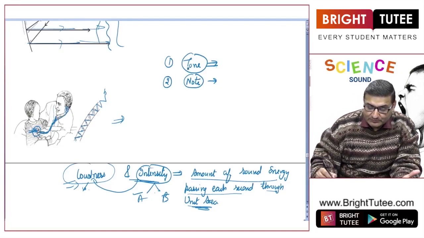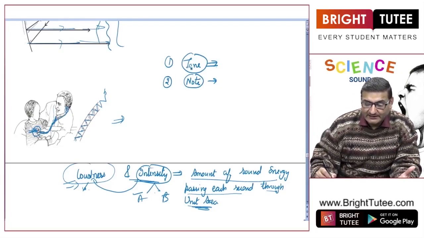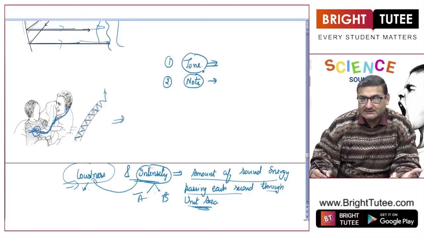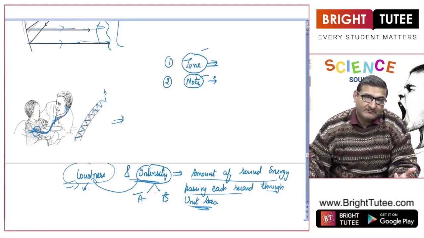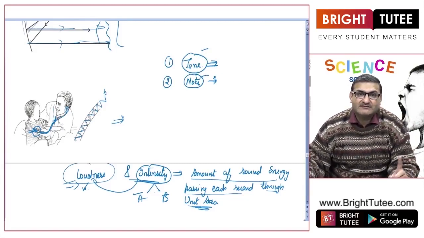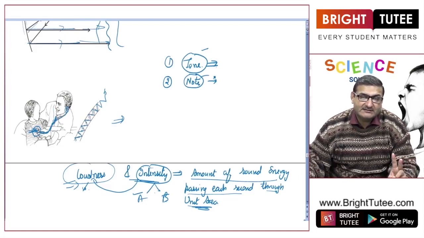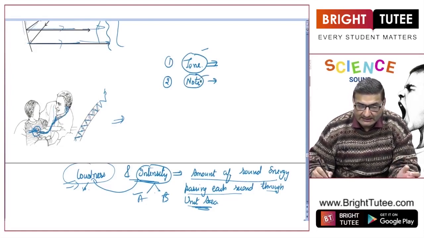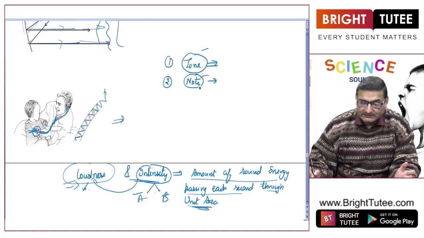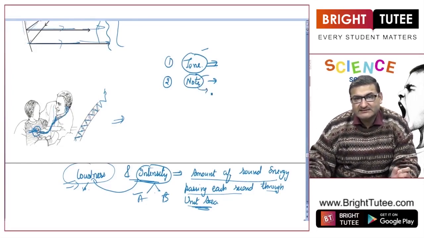I have just used the same alphabets, T-O-N-E and N-O-T-E, but just by interchanging the alphabets, I have got two words which have different meanings. What is tone? It is the sound of a single frequency, and if there is a mixed frequency sound, it is known as a note. This note is always pleasant to the ears.